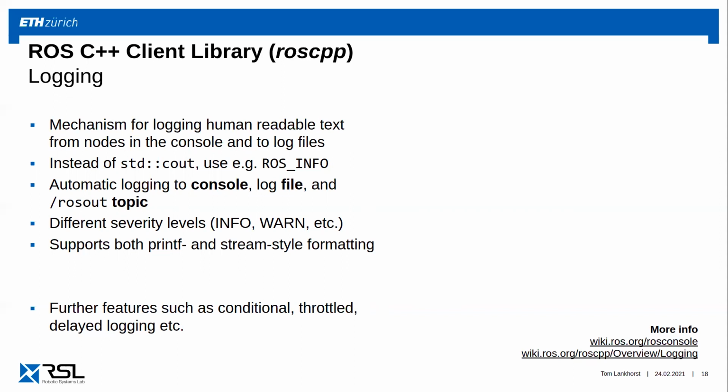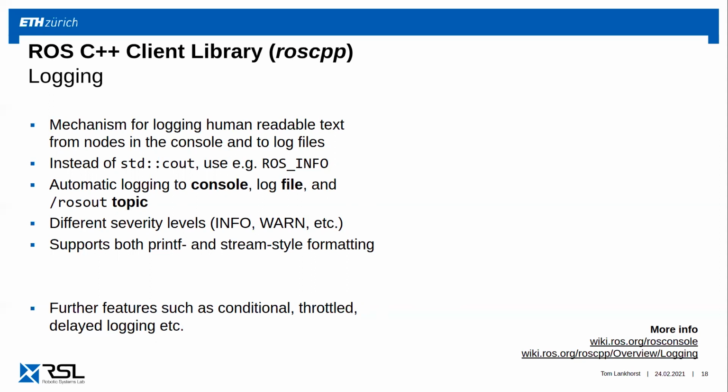It allows us to automatically log to both the console and or a log file and or the ROS out topic. There are different severity levels supported by the ROS logging macros, like info, warning, error, fatal. It supports both a printf style and a stream style formatting.